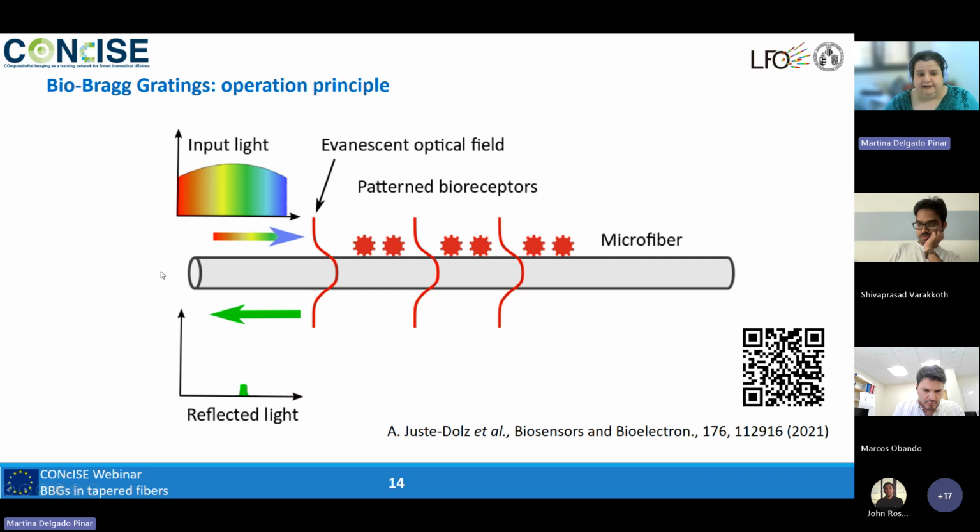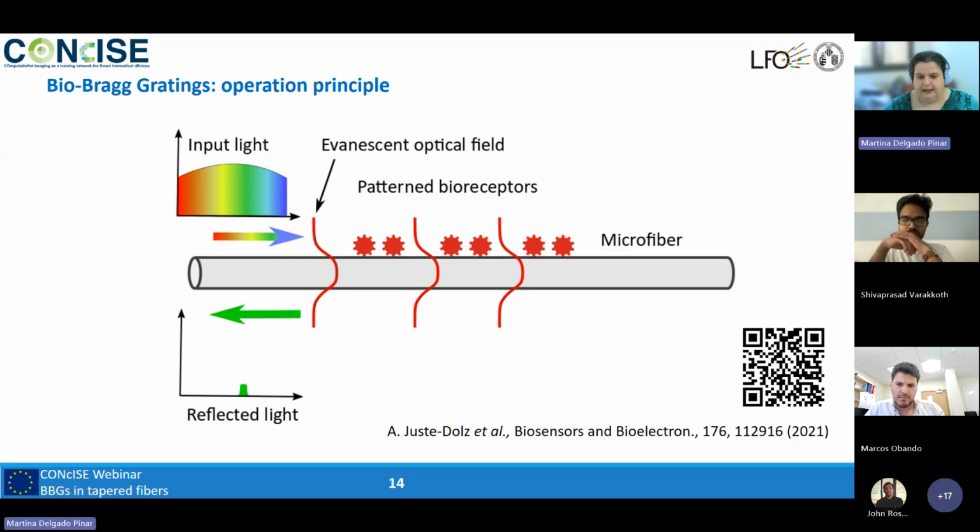When we launch light into this device, the evanescent field of the mode that is propagating along the taper will interact with this microstructure, this pattern of biomolecules, and it will produce a reflection that will happen at the Bragg wavelength corresponding to the pitch of this pattern of biomolecules.